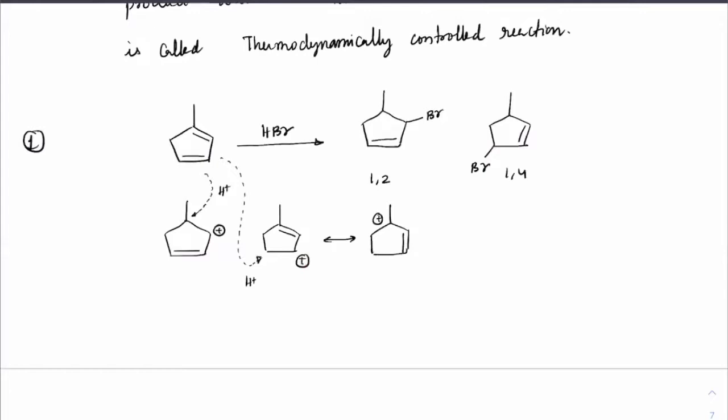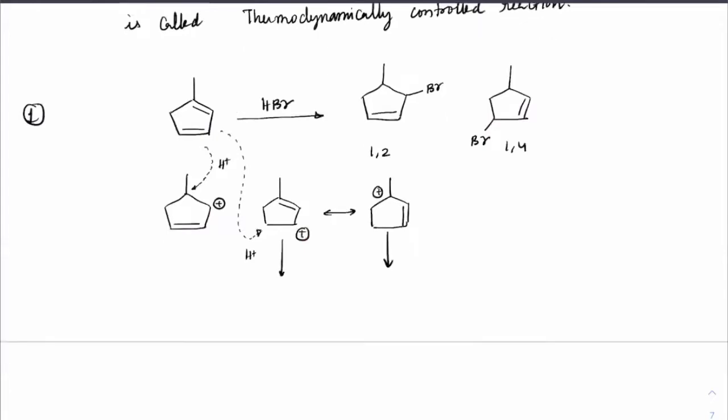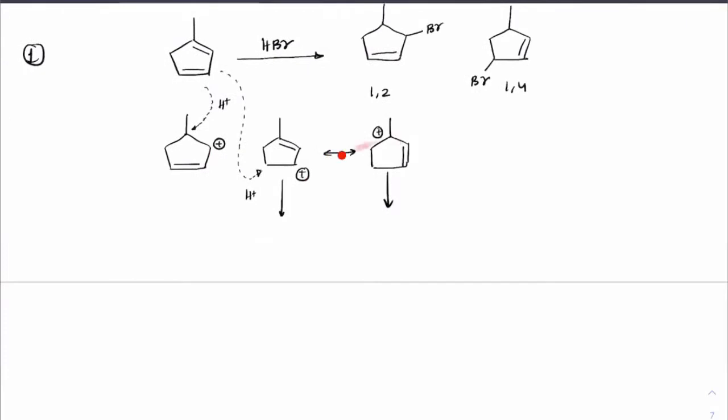Now on this carbocation and the second one, both these carbocations, if the addition is done, then what do we get here? So we would get Br here with double bond, Br here with double bond, correct? So you can see this is 1,2 addition, this is 1,2 addition, and this is 1,4 addition.